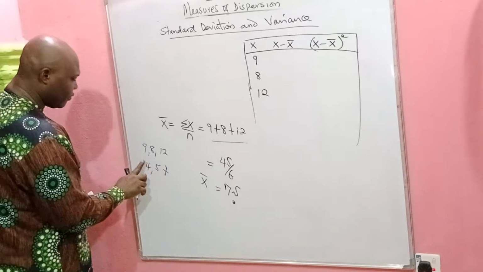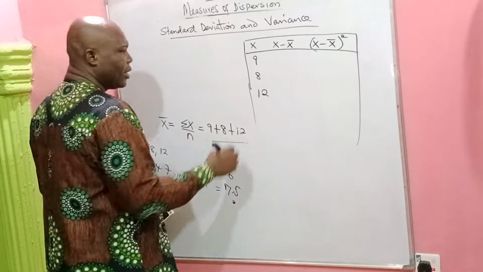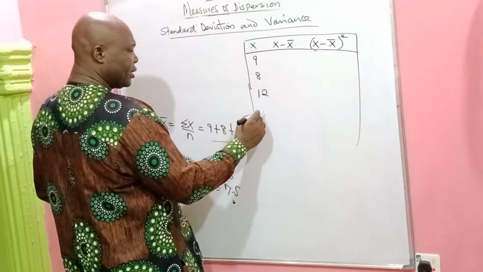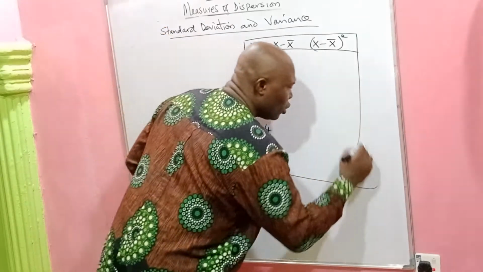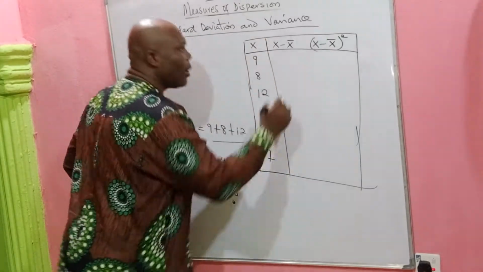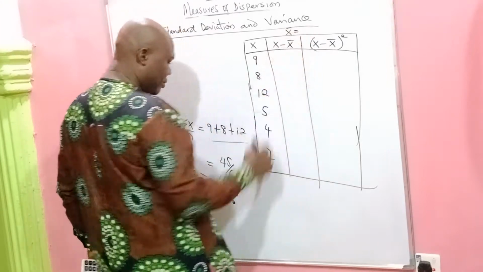These were the values we had. With this, we are going to get our x minus x bar. Remember, we've calculated the x bar, which is the mean, to be 7.5.